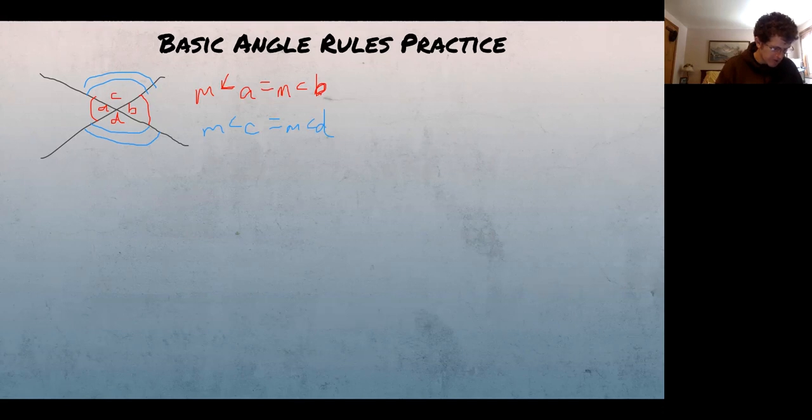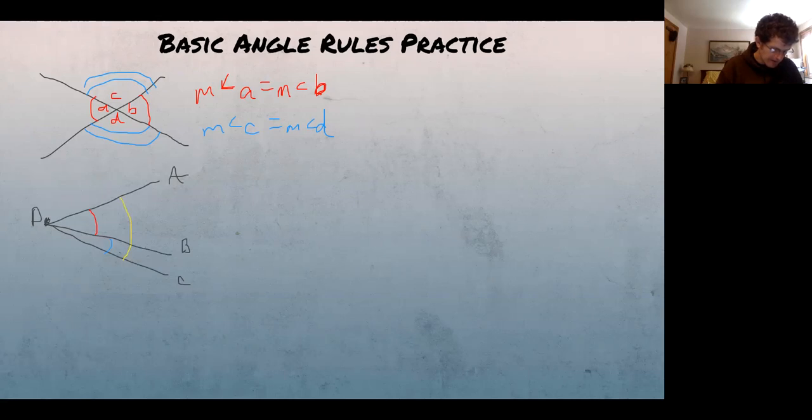The second one I don't want to spend much time on. This is if we have adjacent angles, and that means they share the same vertex right here. I'll call this A, B, C, and D. And I've got three angles here.